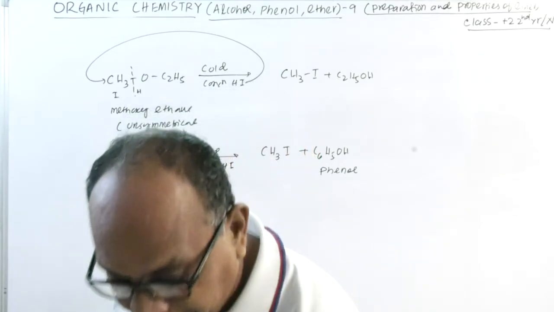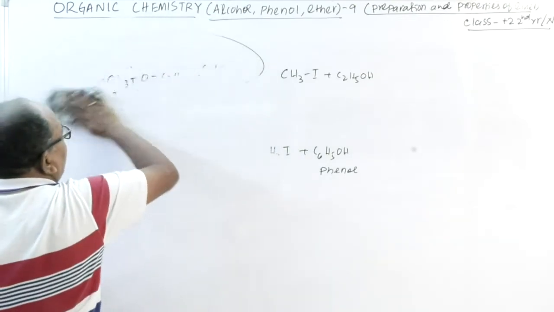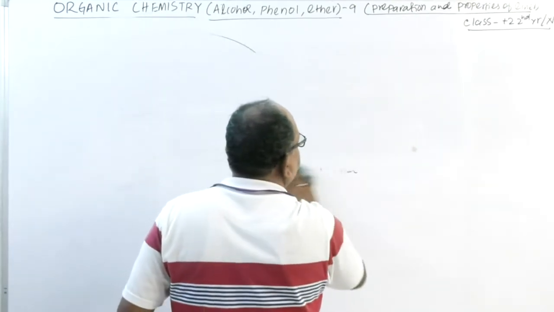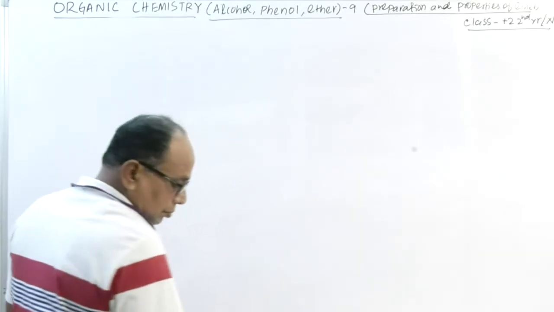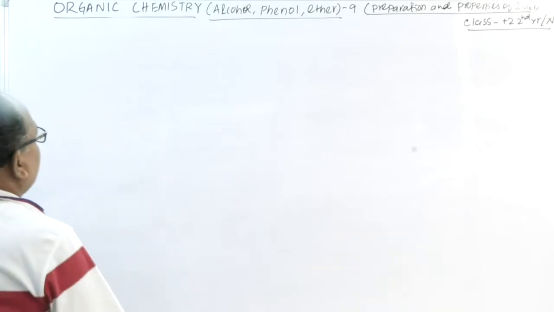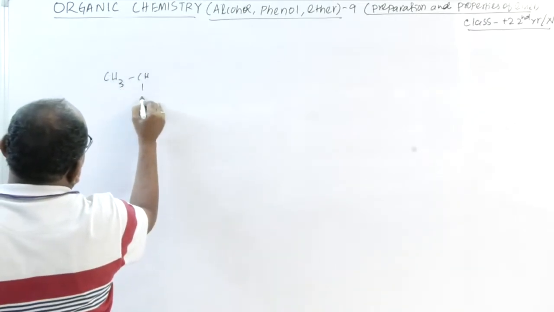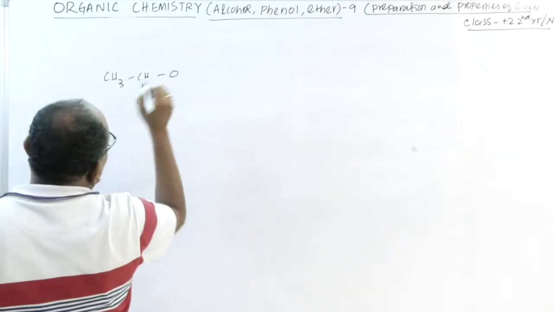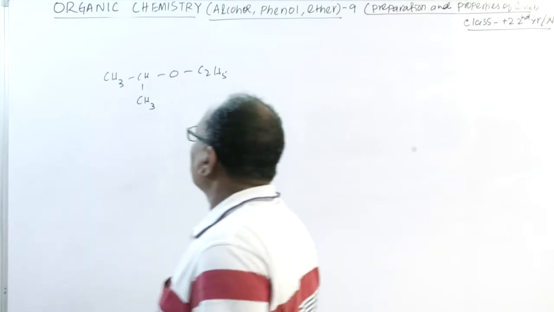That's why, if the ether is unsymmetrical, having a secondary or tertiary alkyl group, suppose CH3CH(CH3)OC2H5, can you name this compound?